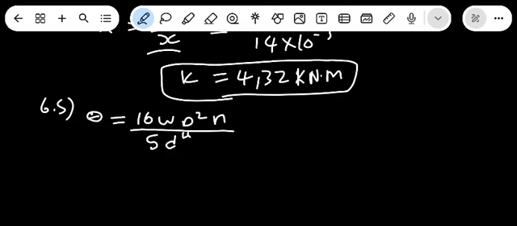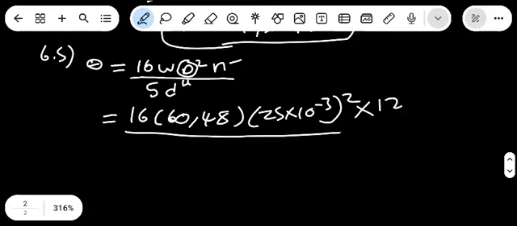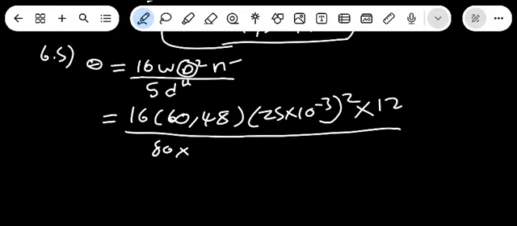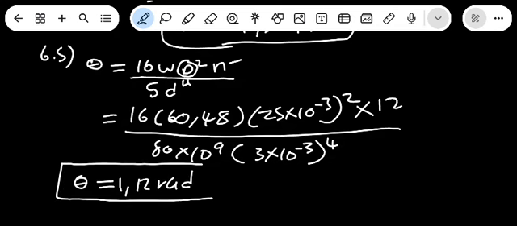Right, so we'll have 16, the weight, 60.48, the mean diameter 25 times 10 to the power of minus 3 squared, where we have 12 coils, divided by G, which was 80 times 10 to the power of 9, then the wire diameter, 3 millimeter, raised to the power of 4. The angle of twist is given in radians.